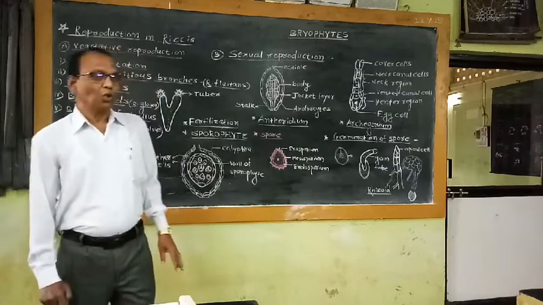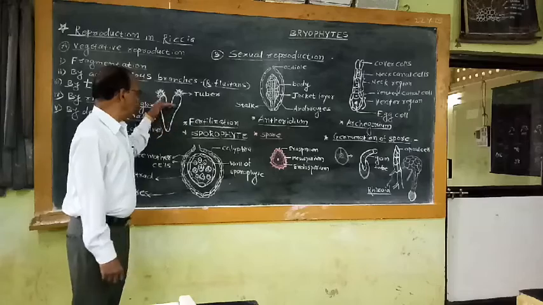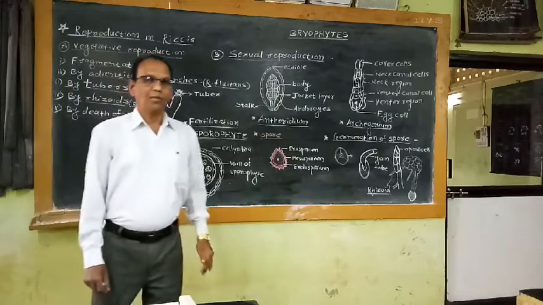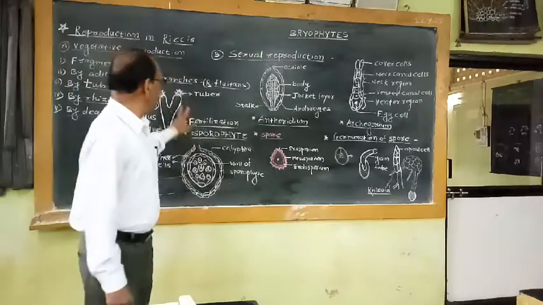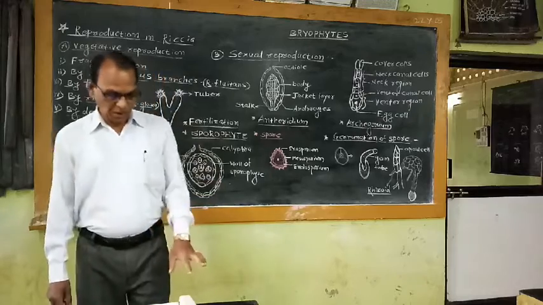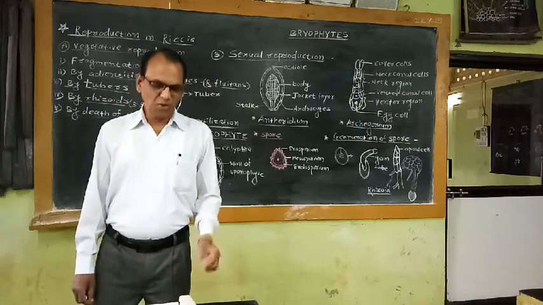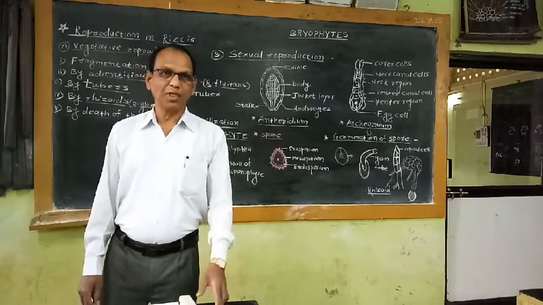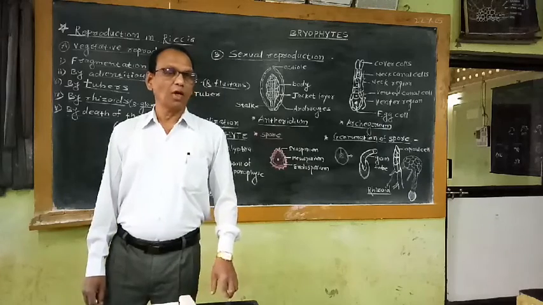That means due to the death and decay of the older portions of the thallus from the dichotomous region, lobes get separated, and from these lobes new plants may be developed. So this is a very simple method of reproduction.